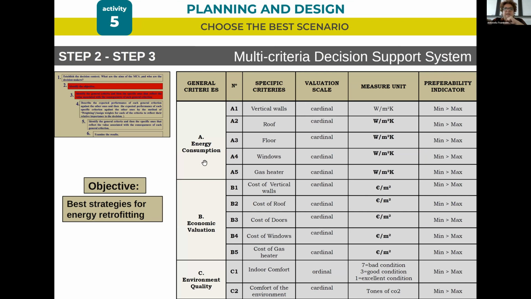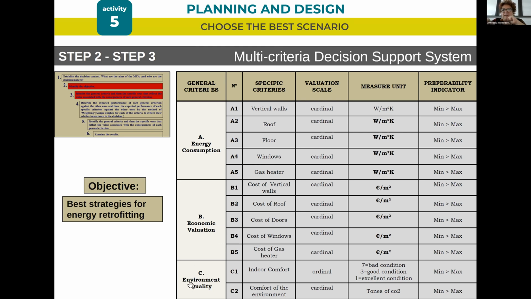For instance, in this case, we have only 3 drivers: the energy consumption, the economical evaluation, and the environmental quality. We analyze the specific criteria: vertical wall, roof, floor, windows, gas heater. For the economical evaluation, the criteria of cost of vertical wall, cost of the roof, cost of the doors, cost of the windows, and so on.